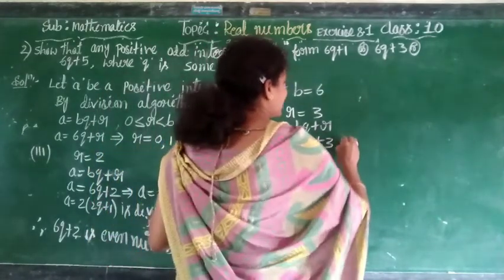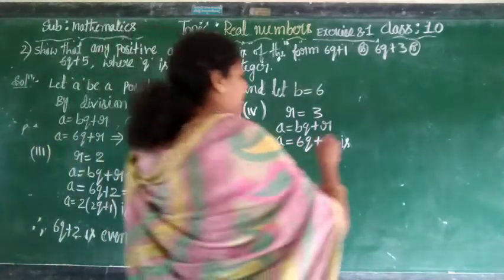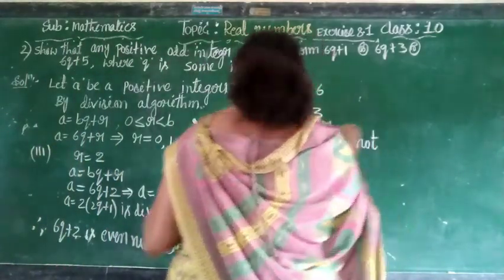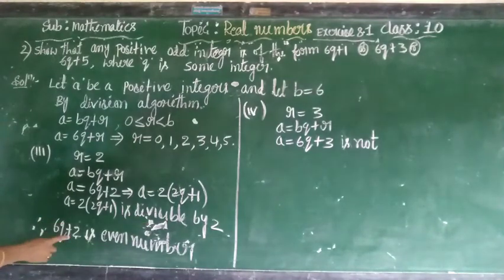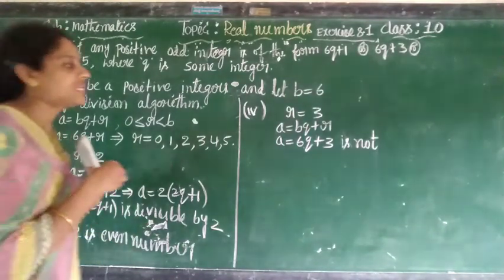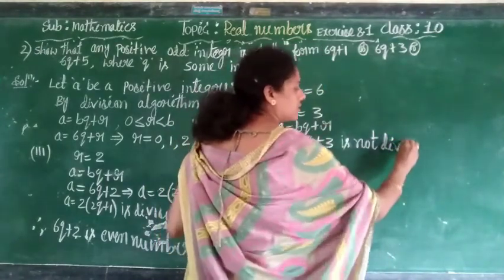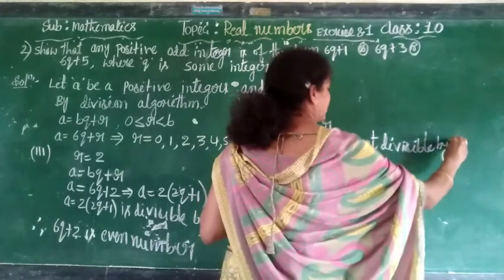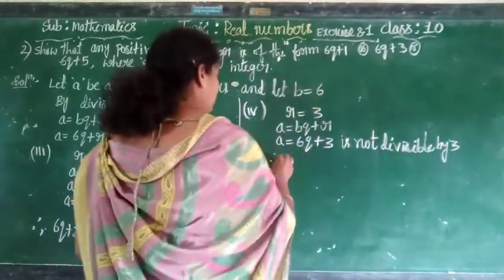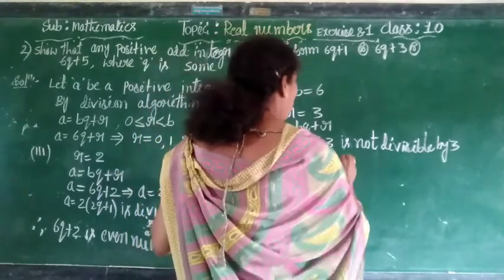This is not divisible by 2. Therefore 6q plus 3 is an odd number.